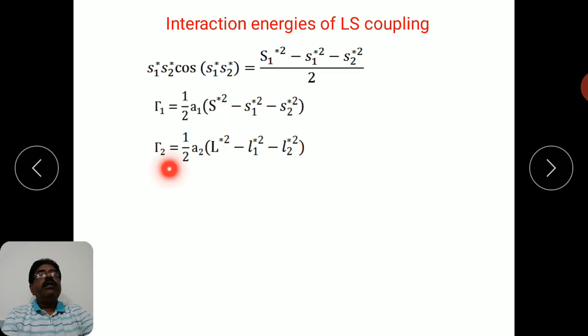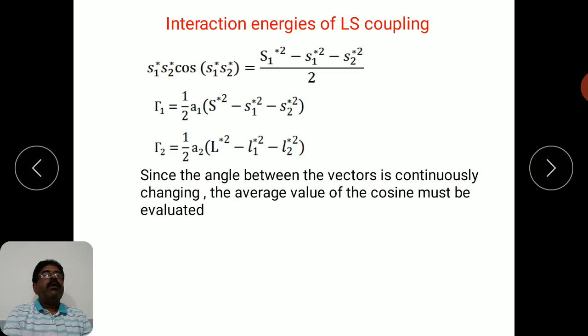Similarly, for gamma 2, we can write 1 half A2, L star square minus L1 star square minus L2 star square. Now, since the angle between the vectors is continuously changing, whatever the two vectors involved here, for example S1, S2 or L1, L2, the average value of the cosine term must be evaluated.